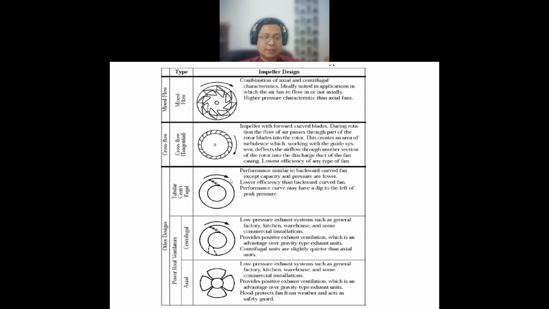And then when we go to the other design, the tubular centrifugal, the blade has an inclination and is also more wide, or bigger, compared to the tip blade. So maybe this one will deliver much more air distribution compared to the previous one.